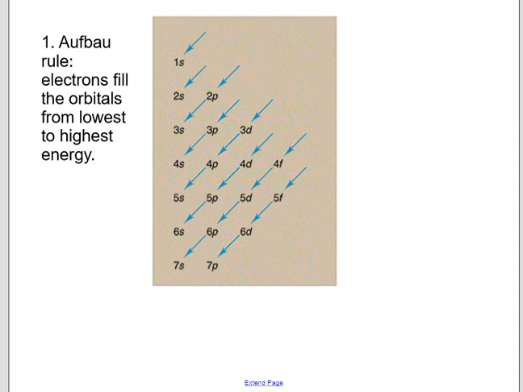Now, very often you're going to have teachers say, memorize this picture, which I think translates to, find a place to write it on the back of your hand and hope no one sees it. We don't have to memorize, because when the periodic table was made, without understanding about electrons or energies or any of this modern idea, it arranged itself perfectly according to the Aufbau Rule.